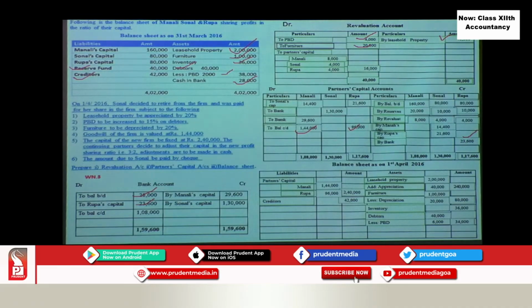The credit side is the payment side for a bank, and the debit side is the receipt side. In Manali's case we have paid money, and the amount we have paid to Manali is 29,600. So the same has appeared here.